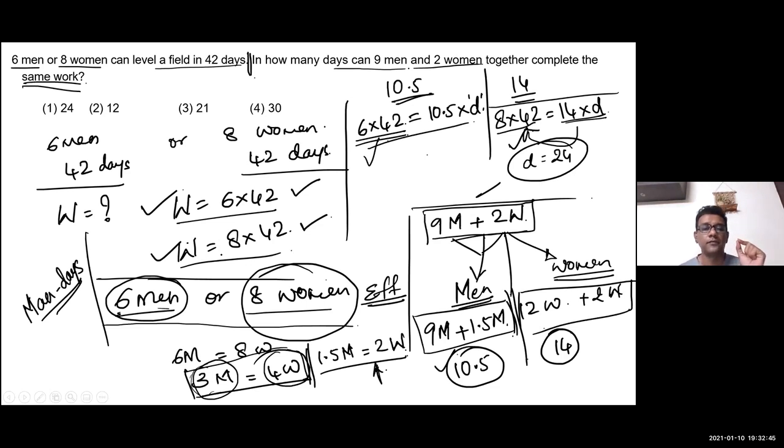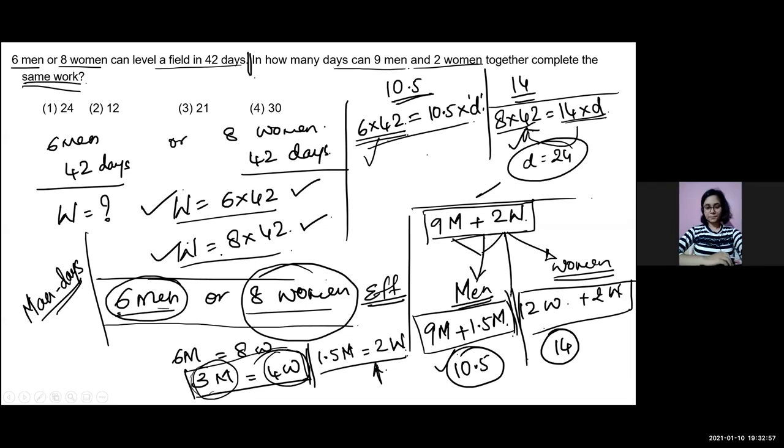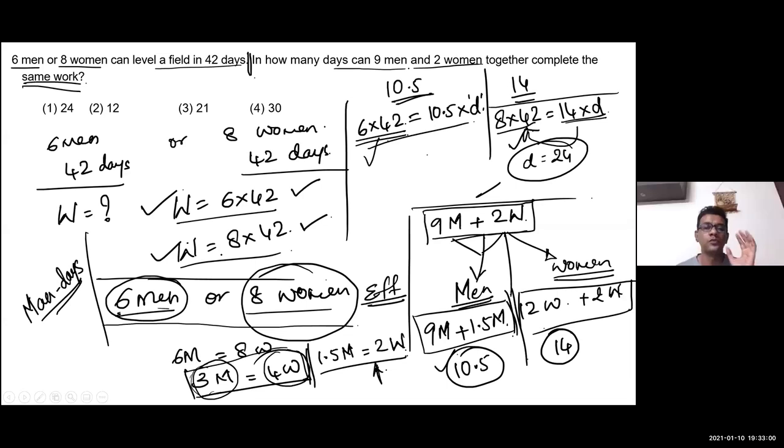Because a woman is working, don't change it to woman days. And tomorrow if grandfather works, you won't say grandfather days. It will always be man days, irrespective of who is working.